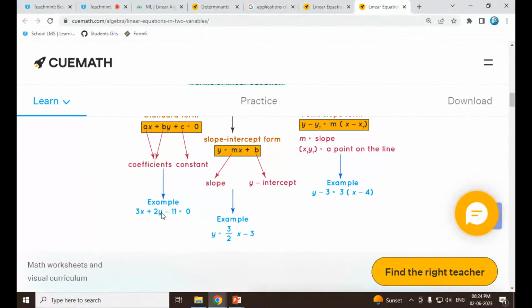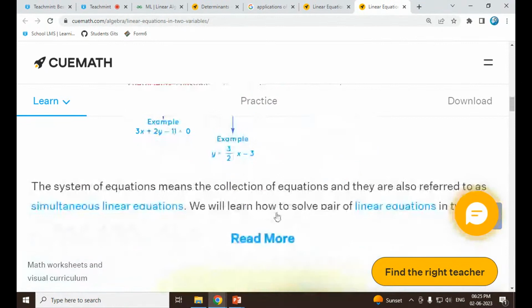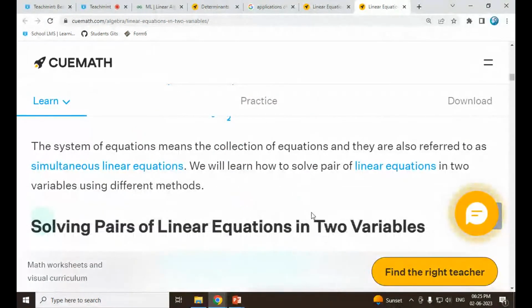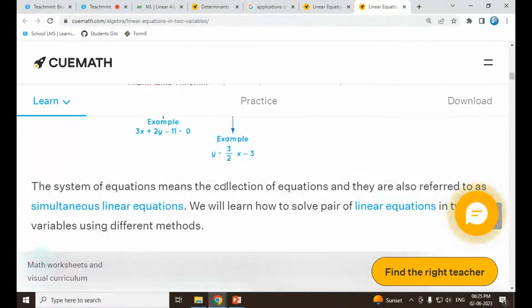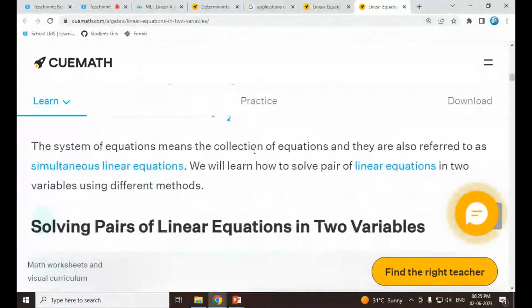Earlier there was only one unknown variable. Here x and y need to be found out. A system of equations means a collection of equations. They are also referred to as simultaneous linear equations that can be solved at a time.